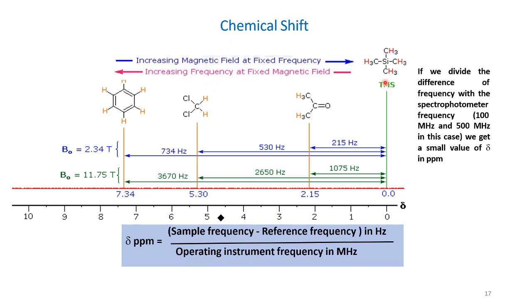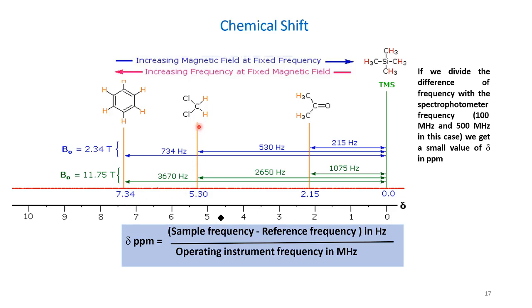And if we talk about the chemical shift, we have to first take a reference. Generally TMS, that is tetramethylsilane, is used as the reference sample. The peak for this generally comes at 0 ppm. With respect to that TMS, we can check the chemical shift of different functional groups or molecules. Suppose we have an aromatic ring, it will be far away from the TMS, so it will be at a higher frequency.